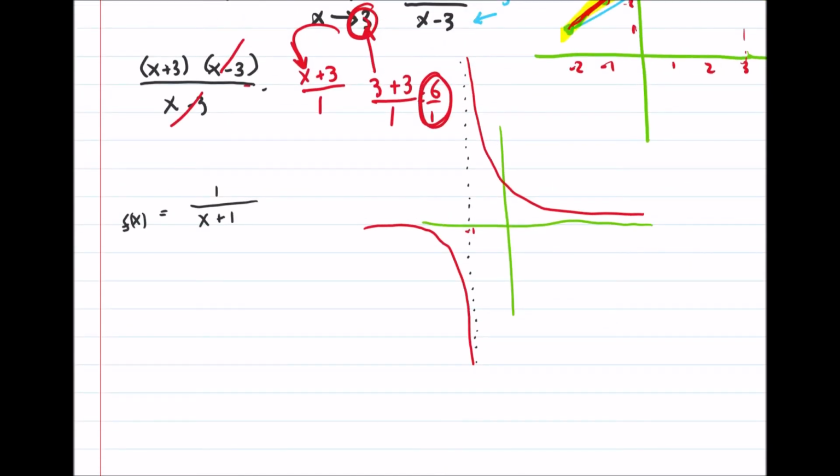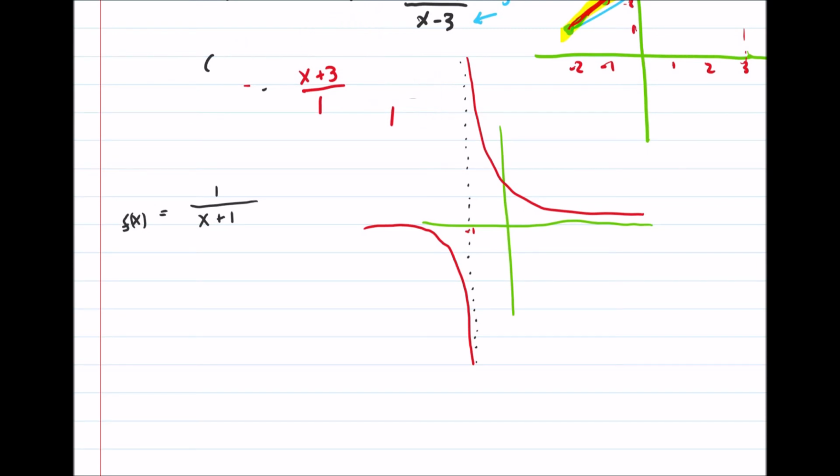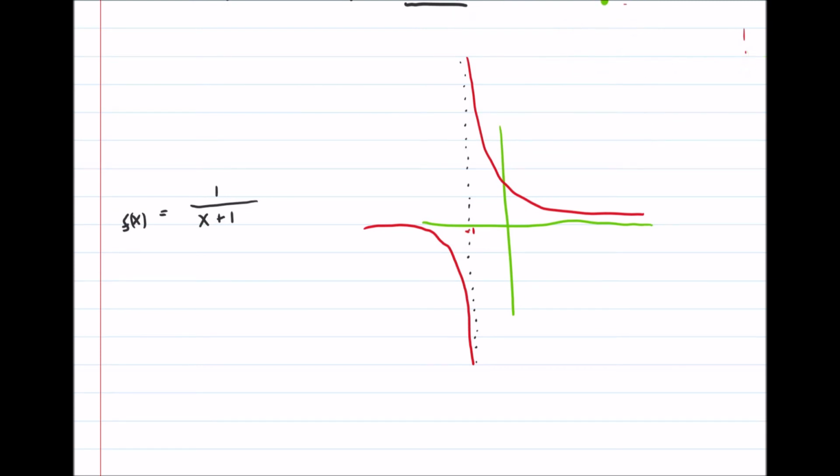Now, I'm going to tidy this up and we're going to look at this function. If I was to put numbers into this function and plot it, it would look like this graph.